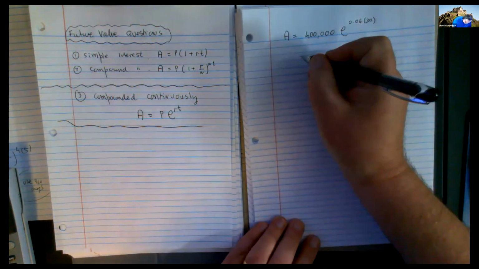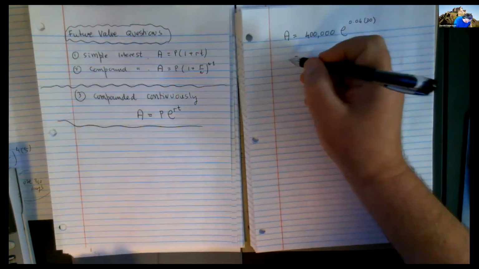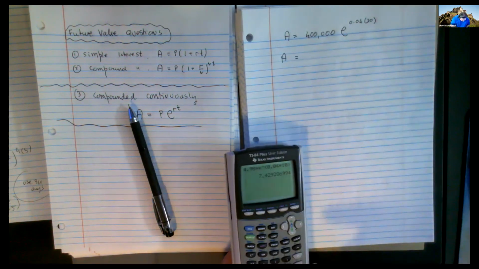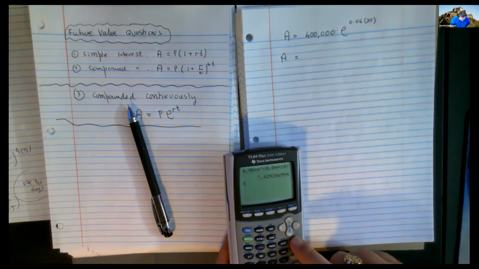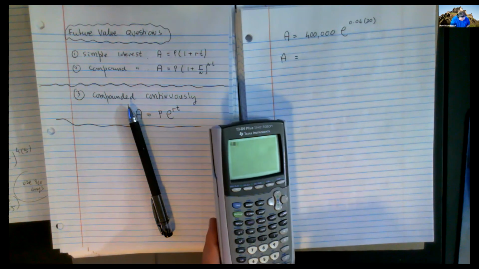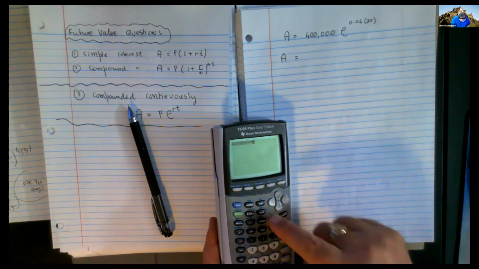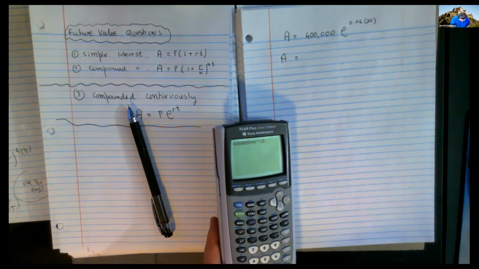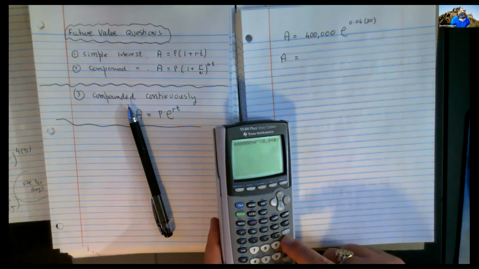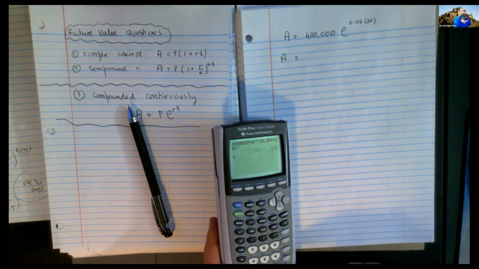We are going to find out what your house is worth by the time you pay your mortgage off 30 years from now. So 400,000 times blue button ln, 0.04 times 30. Close the bracket, hit it.